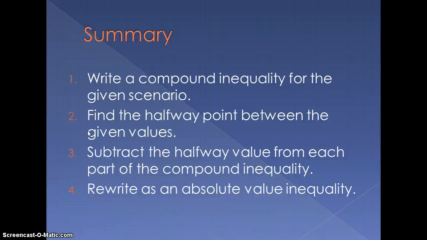We then find the halfway point between the given values, which is the average: add those two up and divide by 2. Our third step is to subtract that halfway value from each part of the compound inequality, left, middle, and right. Then we rewrite that as an absolute value inequality.